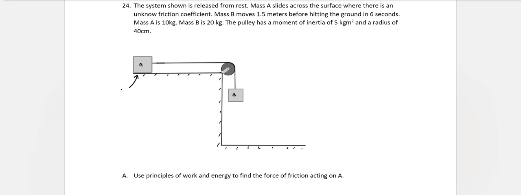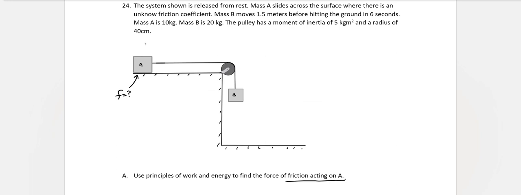So at first glance, one of the first things we have to ask ourselves is, okay, frictional force, yes or no? And as you read the problem, if you actually read part A, it says find the frictional force acting on A. So that should give you your answer on whether or not there's a frictional force acting on A. Now, it also says to use principles of work and energy.